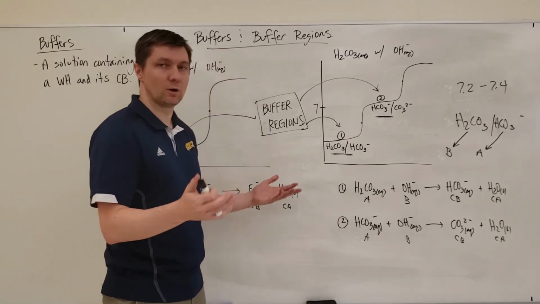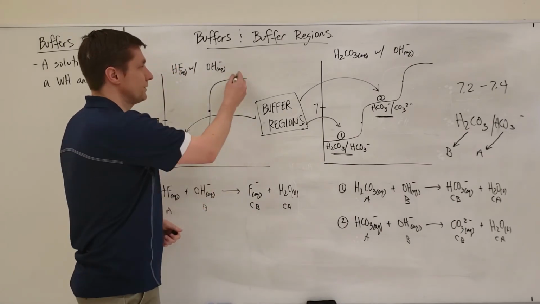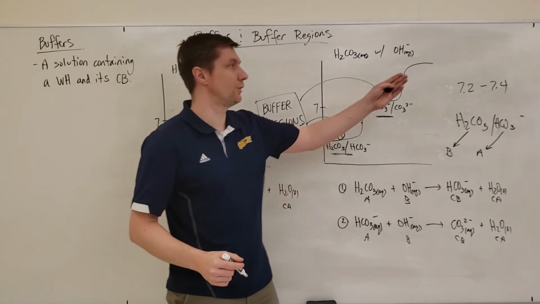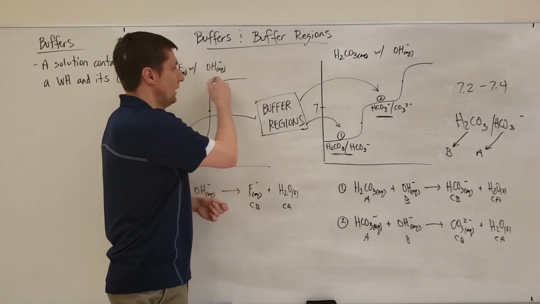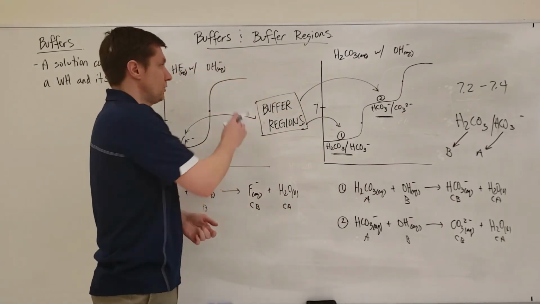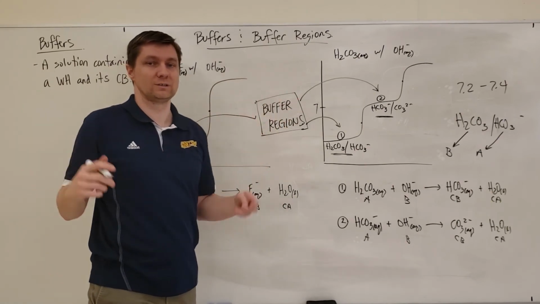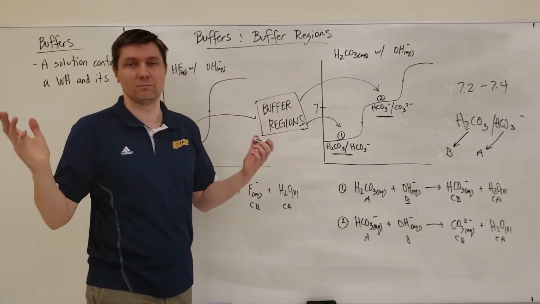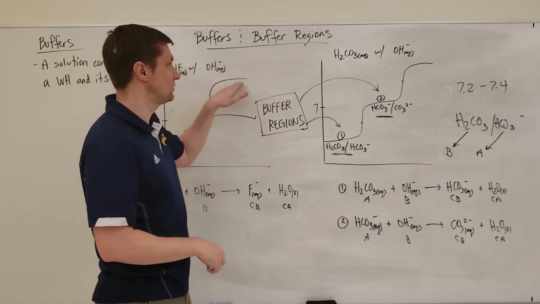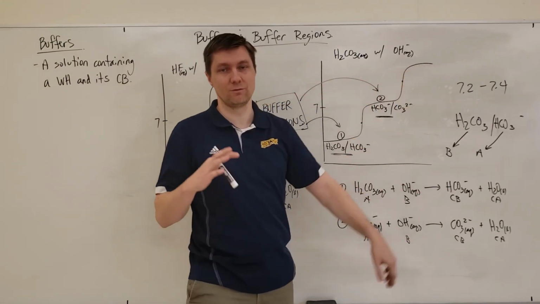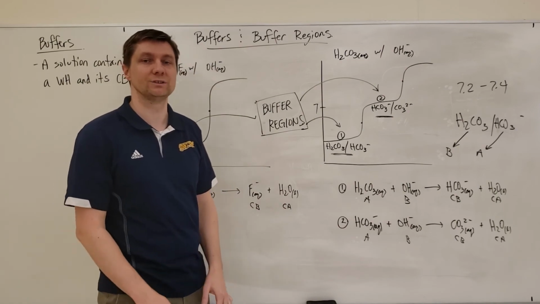And the last thing I wanted to point out on these curves is that these regions right here up at the top are flat regions, but they're only flat because it's just a strong base now. I have a strong base here with no other things that it's able to react with. They've all been neutralized by the strong base. This is just excess stuff. So these top regions are not considered buffer regions.